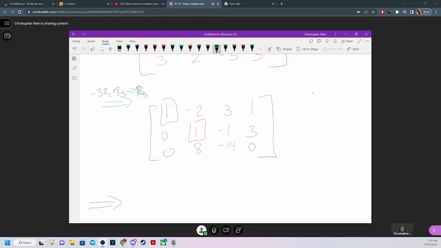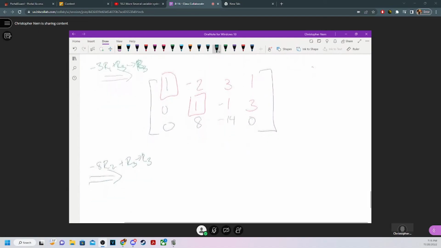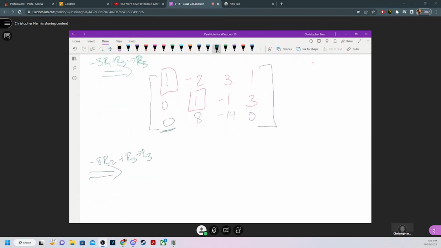If you instead multiply the second row by -8, then add it to row 3, and send it to row 3, then I still have this as 0, and I'll have this as 0 as well, because if I multiply 0 times -8, it stays 0.